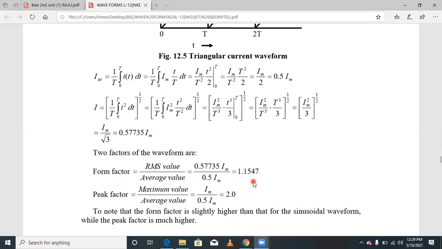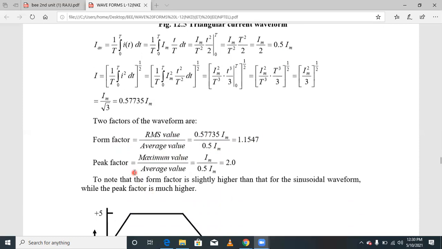This is the form factor for the triangular waveform. Then peak factor: maximum value is Im, and the average value is 0.5 times Im, so we get 2.0. So this is the peak factor, and this is the form factor.